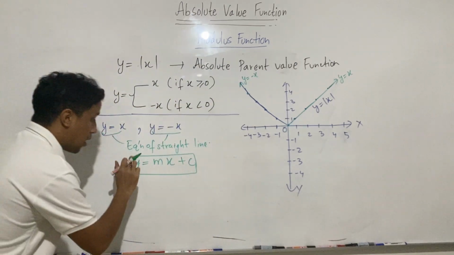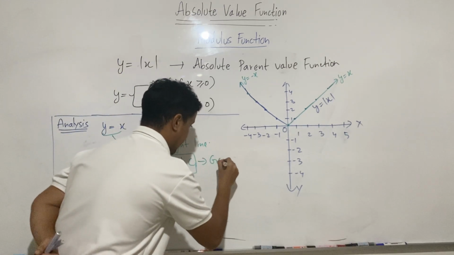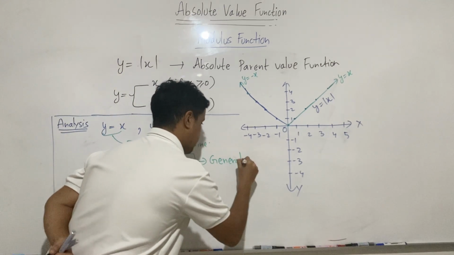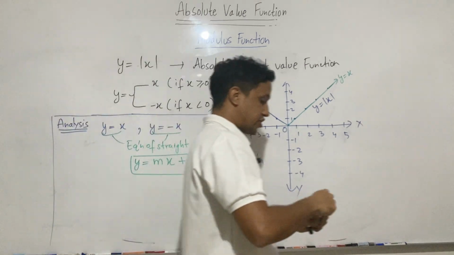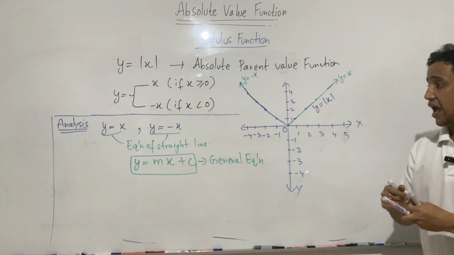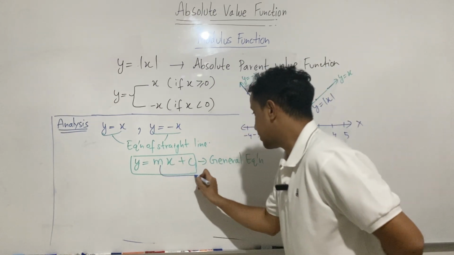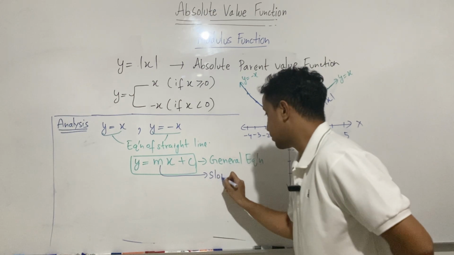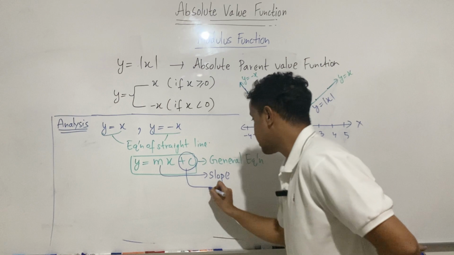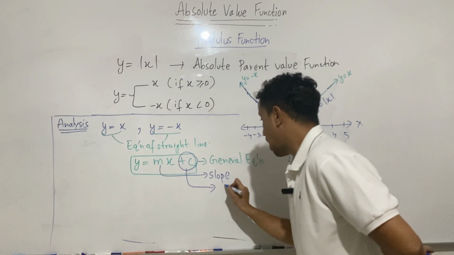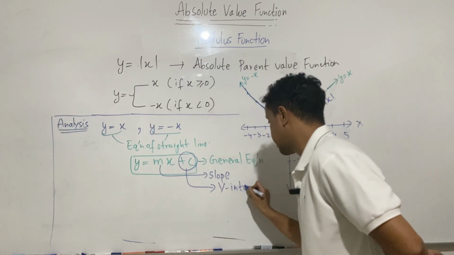This is the general equation of a straight line. Now see here, this m means slope and this c means y-intercept.